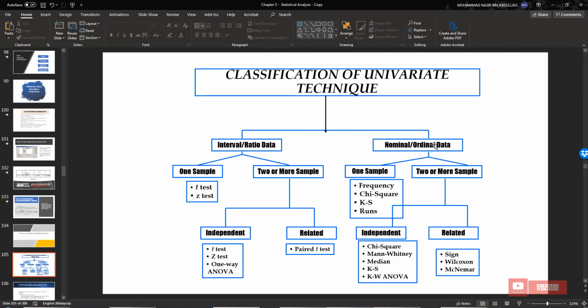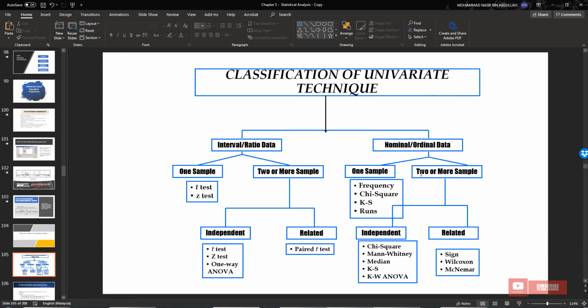If you have a categorical variable, let's say nominal or ordinal scale, and you want to test for one sample, here are the tests: frequency test, chi-square test, Kolmogorov-Smirnov test, and run test. The run test is another technique to test difference in one group.